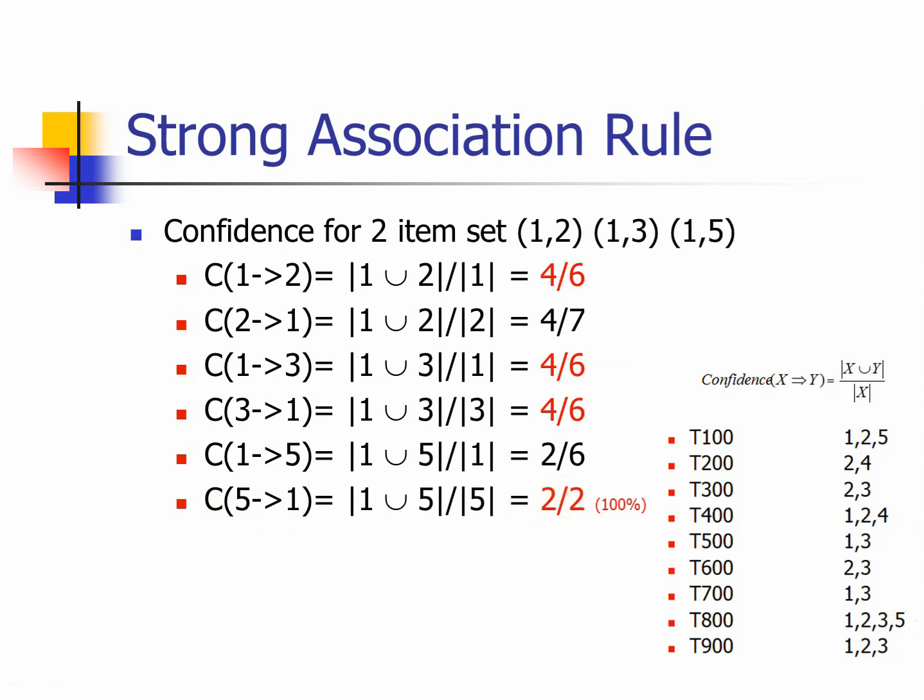This gives you the idea of how to set up a minimum confidence. If you want the rules to be very strong, then you can set it very high, and you will only get those strong association rules with very high confidence. Of course, the number of rules that you will be able to retrieve is going to be much lower when you set up a high threshold.